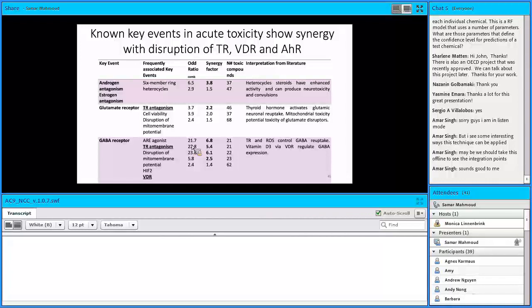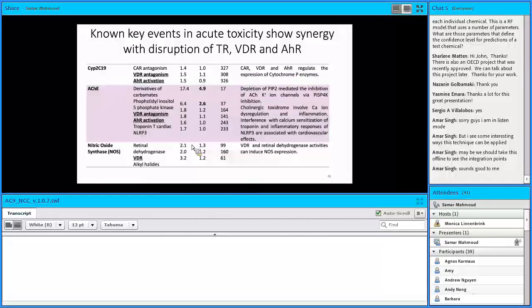That can be explained by the fact that thyroid hormone receptors regulate the neuronal uptake, the expression and the function of both GABA and glutamate receptors. That means that when compounds bear both glutamate receptor disruption and thyroid hormone receptor antagonism, or GABA disruption and thyroid hormone receptor antagonism, there is a high likelihood of the compound being acutely toxic.